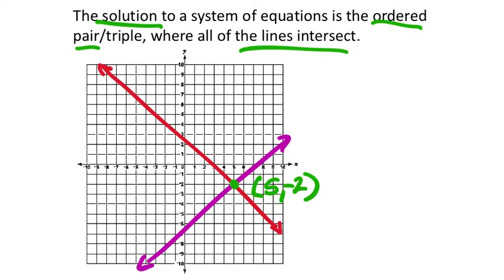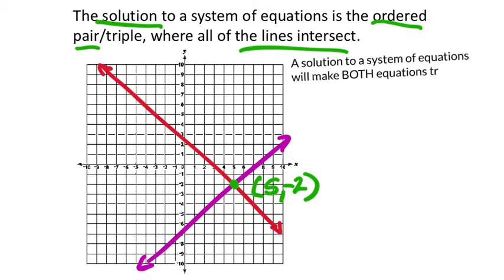So a solution to a system of equations will make both equations true. And we can even check that when we go through this work. But you have to check on both.